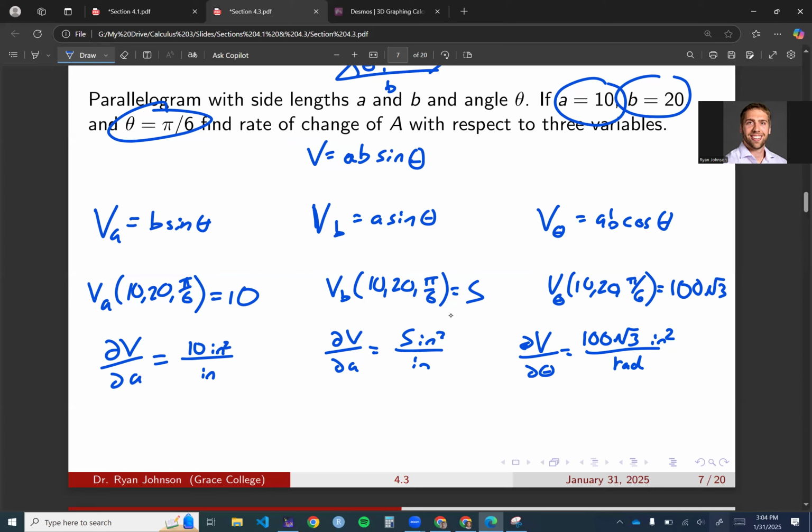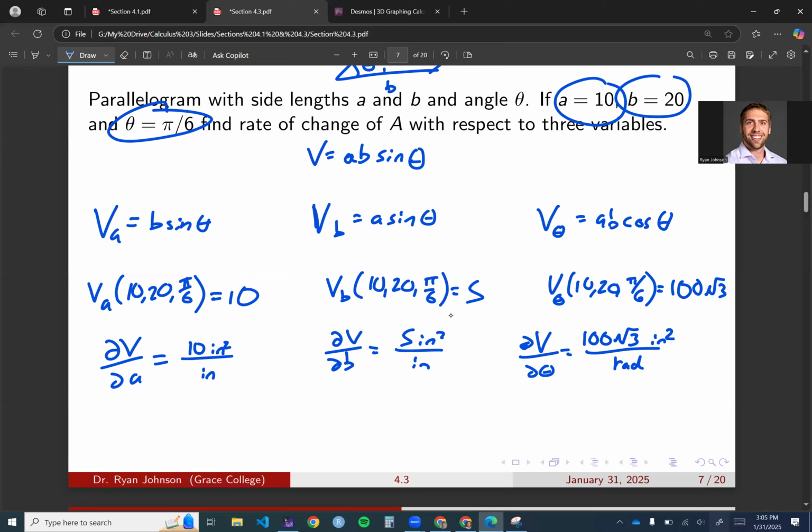And for B, every little bit you increase B, the volume's increasing by 5 inches squared for every inch you increase B. And for every little bit you increase theta, the volume is increasing by 100 square root of 3 times that little bit of radian.